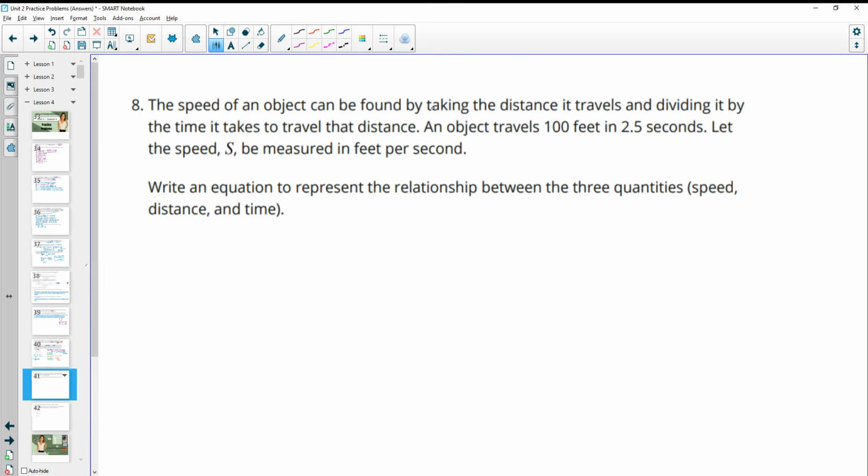8, the speed of an object can be found by taking the distance it travels and dividing by the time. An object travels at 100 feet in 2.5 seconds. Let speed s be measured in feet per second. So write an equation to represent this relationship. So remember, we want the distance divided by the time.